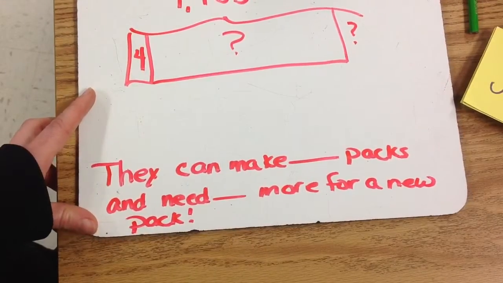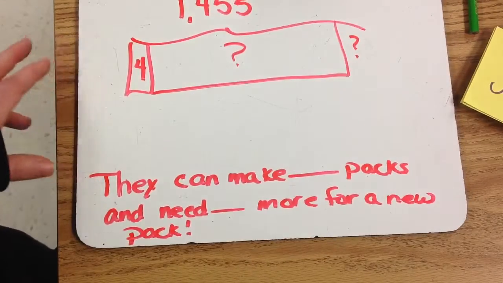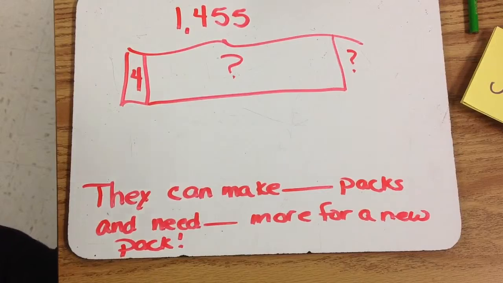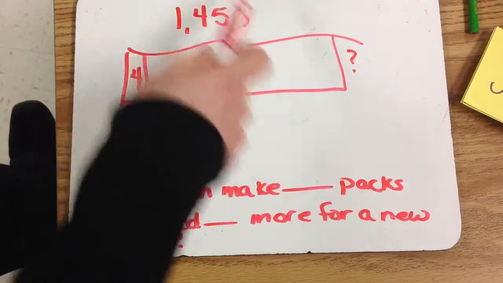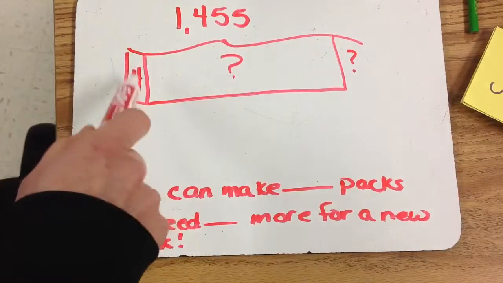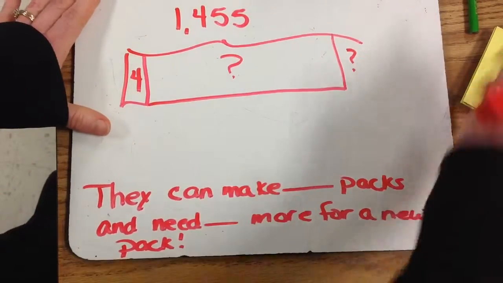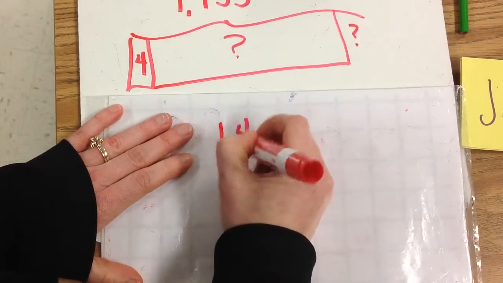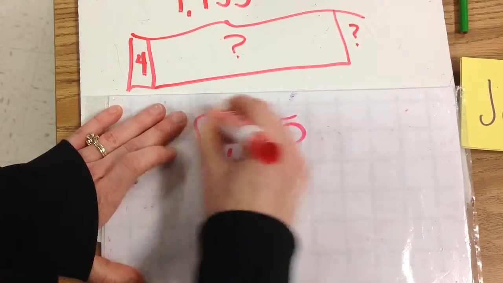The reason I told you not to write that is probably because you're going to run out of space. So what I have to do is take the number of juice bottles I have and break them into 4 in each pack. Well, that's going to require division. I'm going to pull another piece of paper over here. So 1,455 divided by 4.